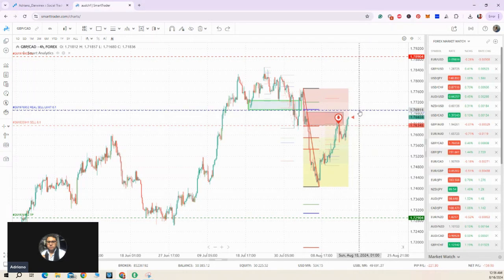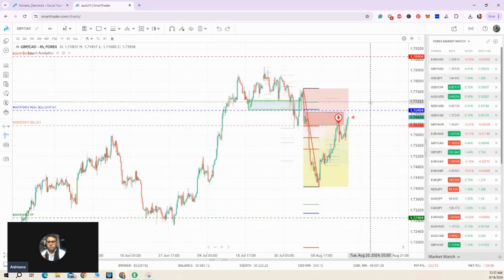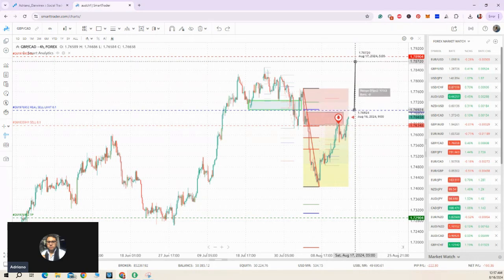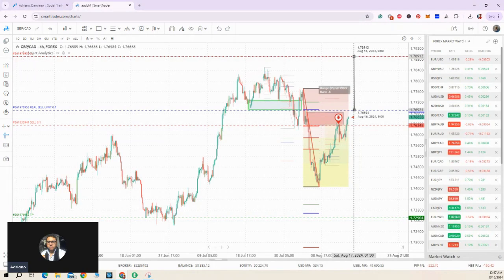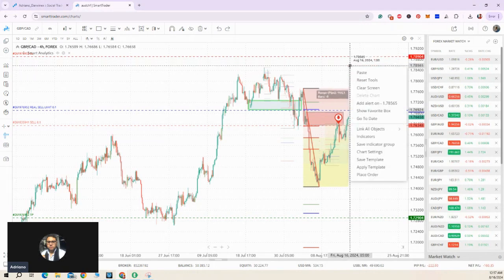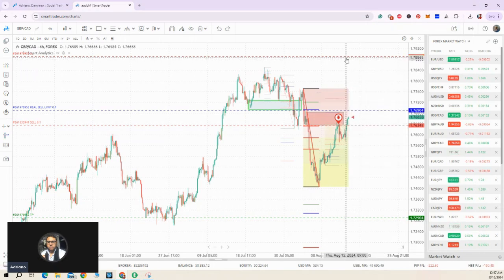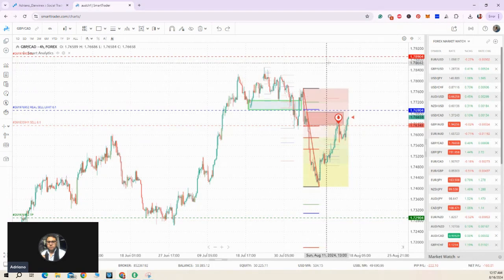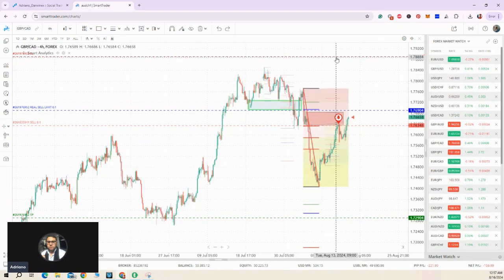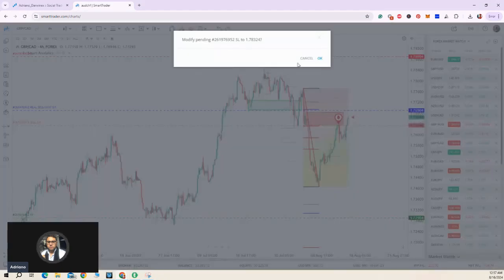So if you get in on this trade, let's reduce the risk a little bit, because this is the A, B. So I'm gonna bring this down, more close to this high.